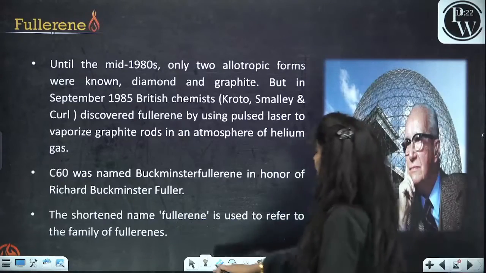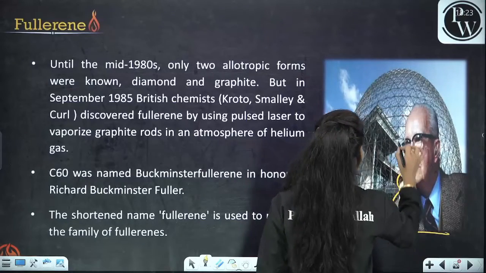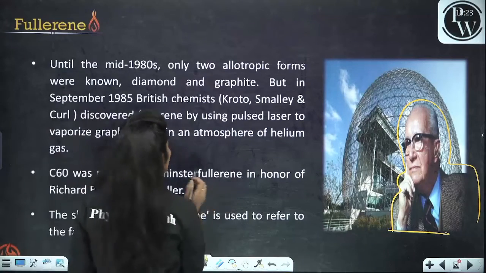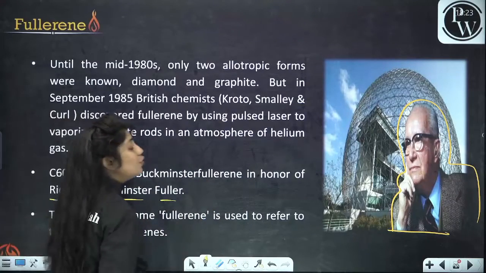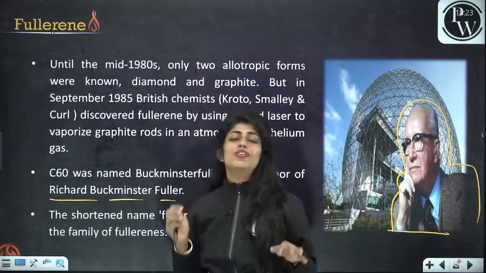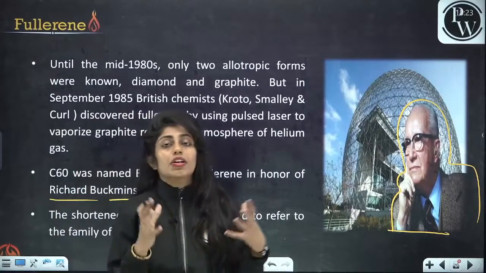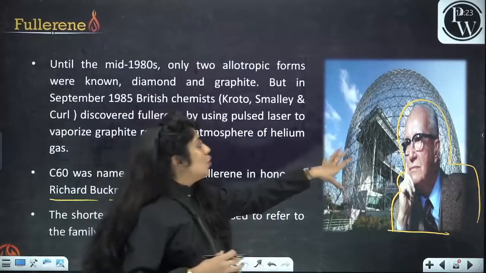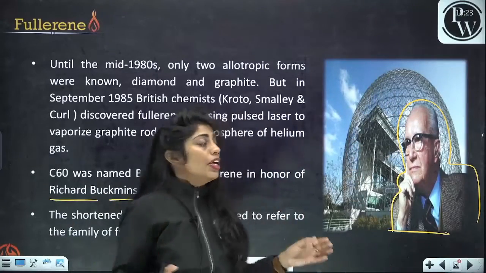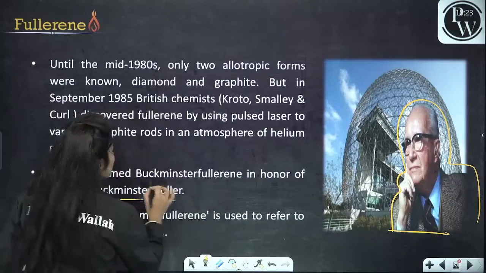Now, let's discuss fullerene. So, here you can see this Mr. His name is Richard Buckminster Fuller. So, he was not the one who discovered fullerene, but yes, he was an architect who made the geodesic domes like this, and in order to give him tribute, we call the fullerene Buckminster fullerene.